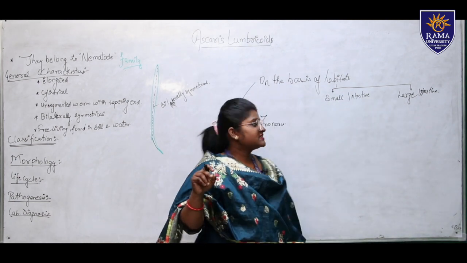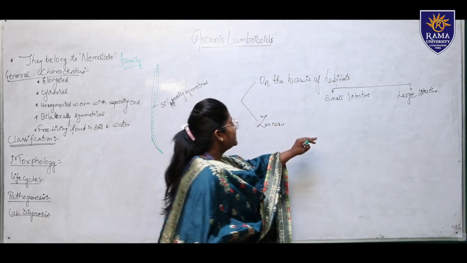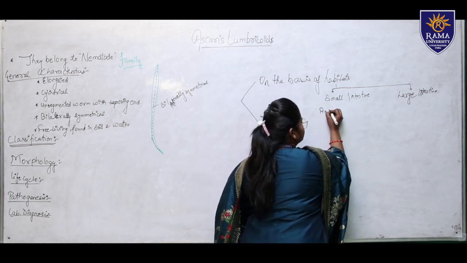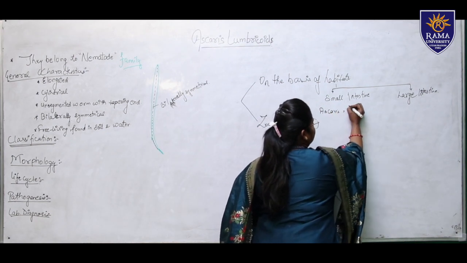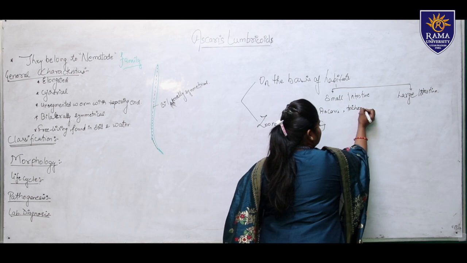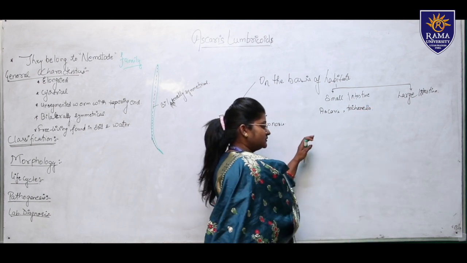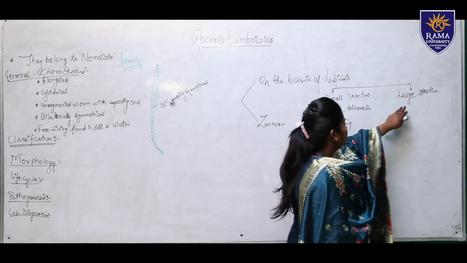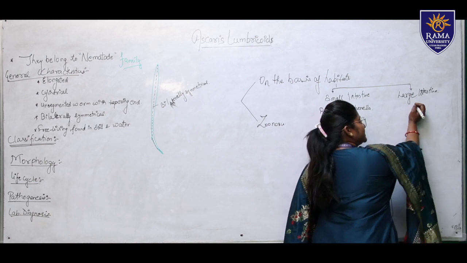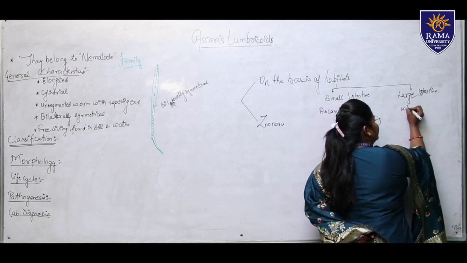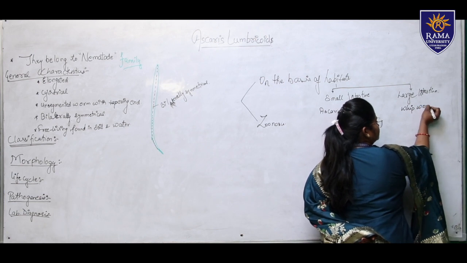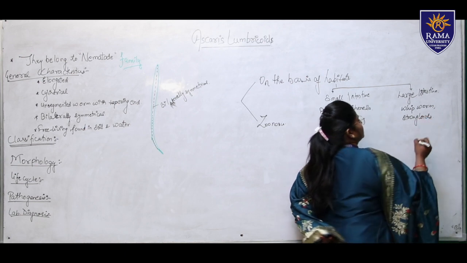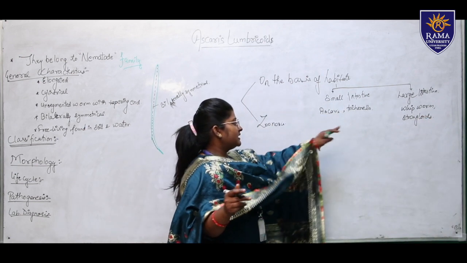Starting with the small intestine and large intestine, some parasites like Ascaris and Trichinella are seen in the small intestine, and in the large intestine we have parasites like whipworm and Strongyloides.